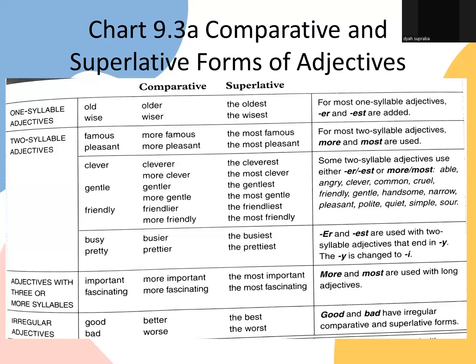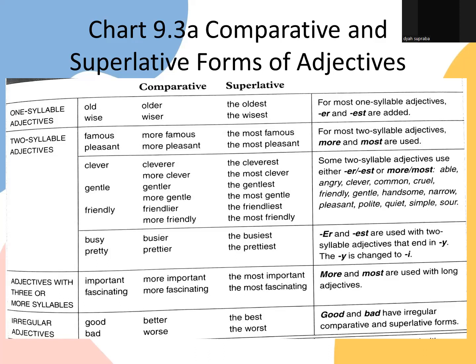And then for most two-syllable adjectives, we use more and most. More for comparative, most for superlative. For example, the adjective famous, comparative more famous, superlative the most famous. Adjective pleasant, comparative more pleasant, the superlative the most pleasant.